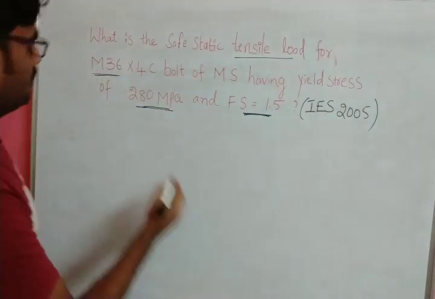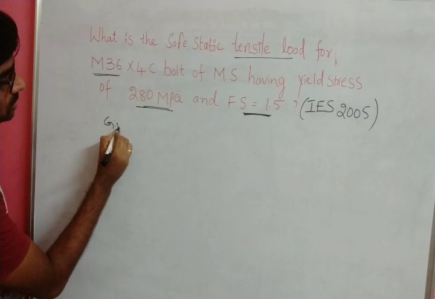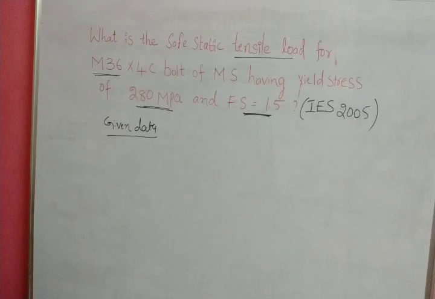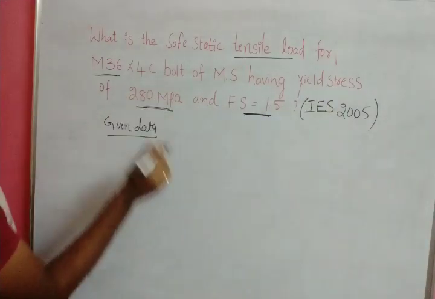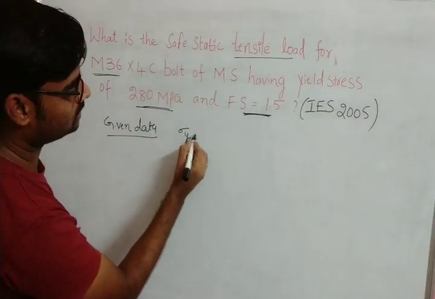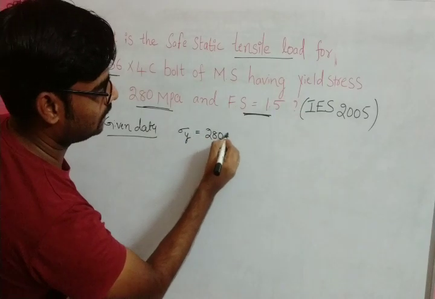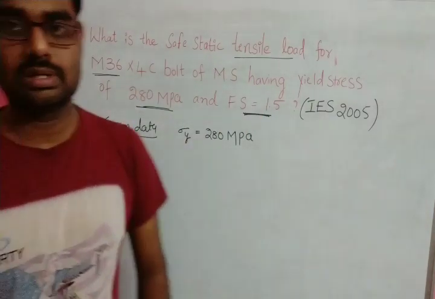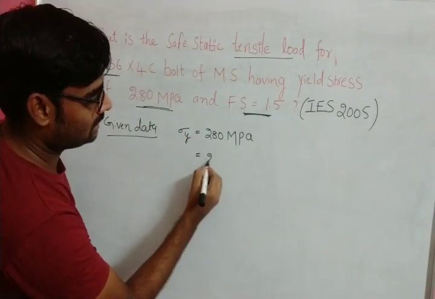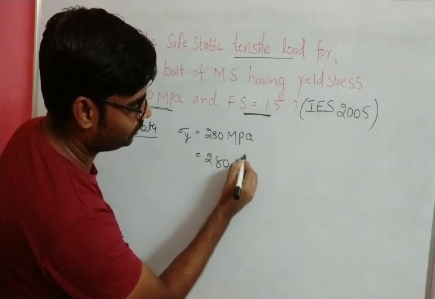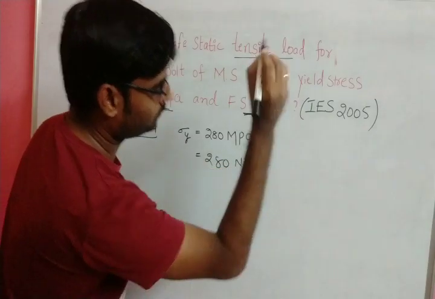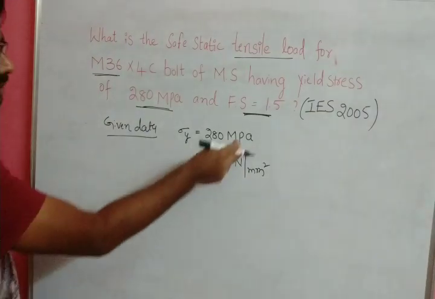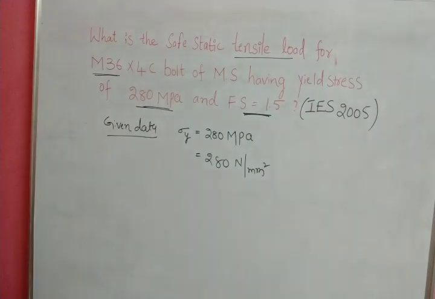How to find out the value of the tensile load? Given data: yield stress equals 280 MPa, megapascal. Convert into Newton per mm square: 1 MPa equals 1 Newton per mm square.